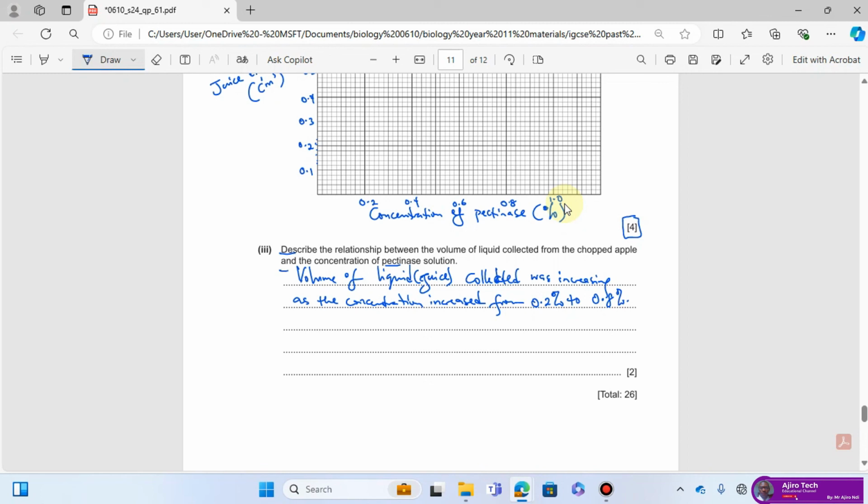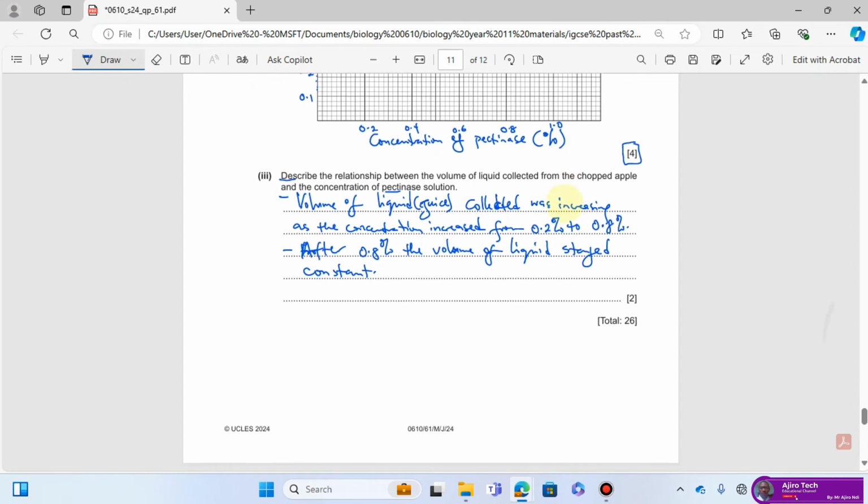That's the first mark. It's a 2 mark question. What else do we see? Okay, after 0.8%, the volume of liquid stayed constant. Stayed what? Constant. So that's 2 marks already.